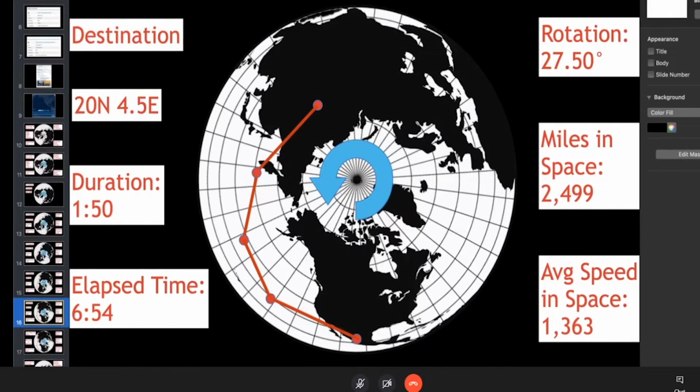And the destination when they finally arrive in Mexico City at 20 degrees north. Another hour and 50 minutes. They reached the elapsed time for the flight, 27.5 degree rotation of the Earth. They went a whopping 2,499 miles in space on this last leg during the last hour and 50 minutes of the flight.